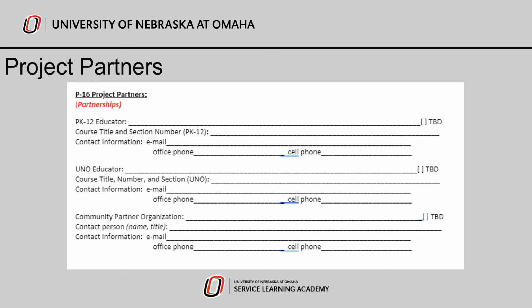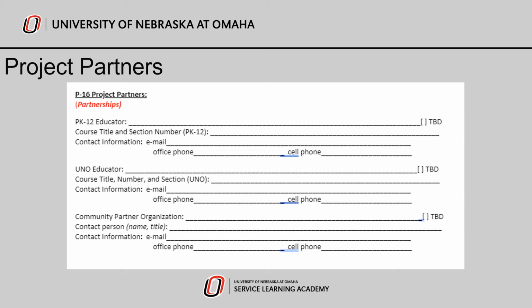On the bottom of the first page is a place for you to identify yourself, your contact information, and the course you will be teaching. If you are wishing to participate in a P16 service learning project, you can identify who your project partners may be. If you do not yet know who your P12 or UNO educator partner may be, you can brainstorm different partnerships.